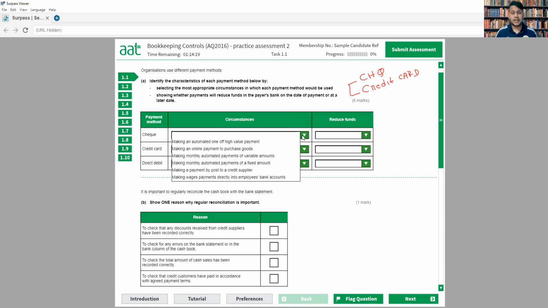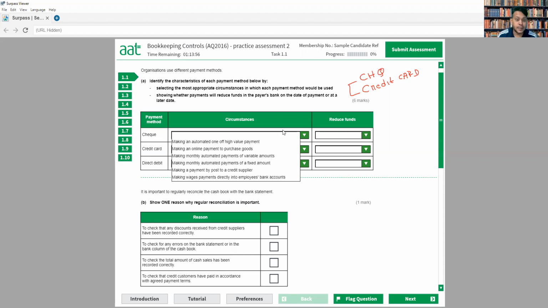For example, if the supplier said, post the payment. Now we cannot post the debit card. We cannot post the cash. We cannot post the bank transfer. So the only way we can make the payment by post is a check. So we can send the check to the supplier if they ask for the post.